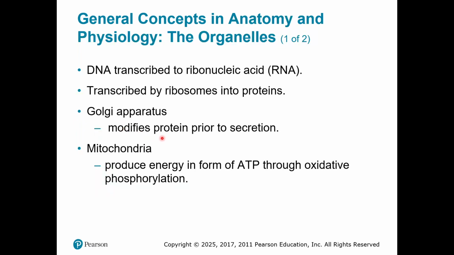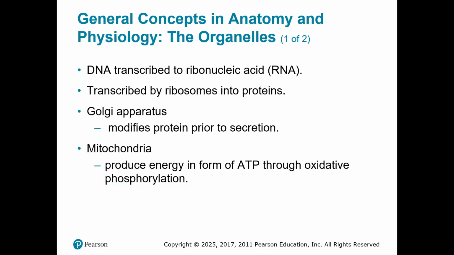The Golgi apparatus modifies proteins. The mitochondria, the powerhouse of the cell, is called that because it produces energy in the form of ATP through oxidative phosphorylation. All that is the Krebs cycle, but I don't think you really need to understand the Krebs cycle here.